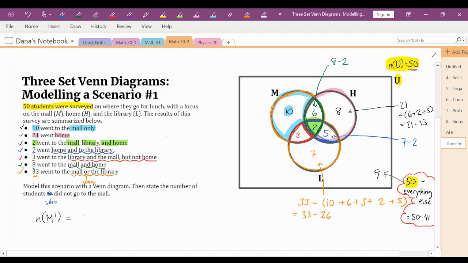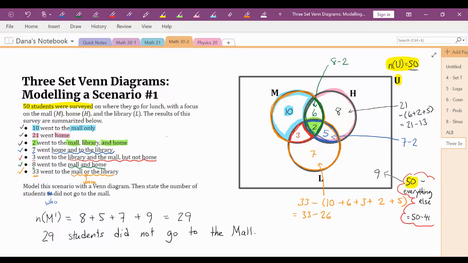So that would be the 8, the 5, the 7, and the 9. 8, 5, 7, 9 gives us 29 students did not go to the mall. And that would be in the not mall region, or you could say in the complement of M.